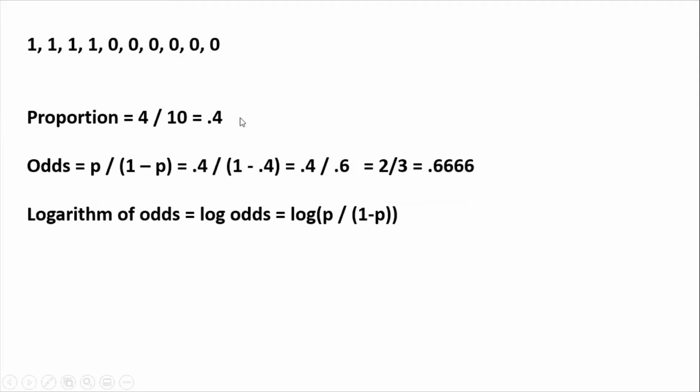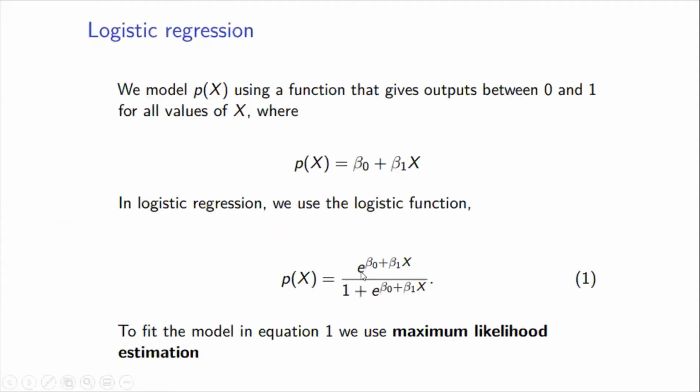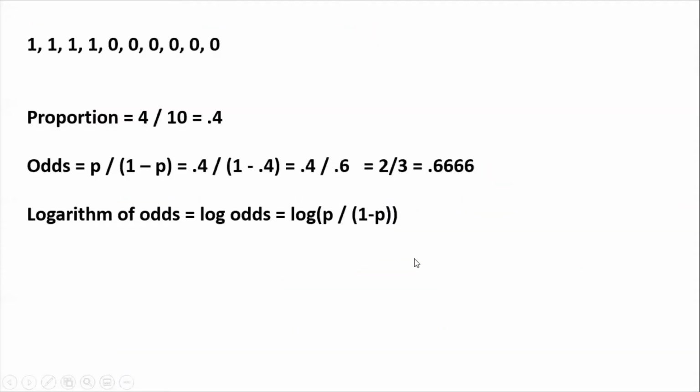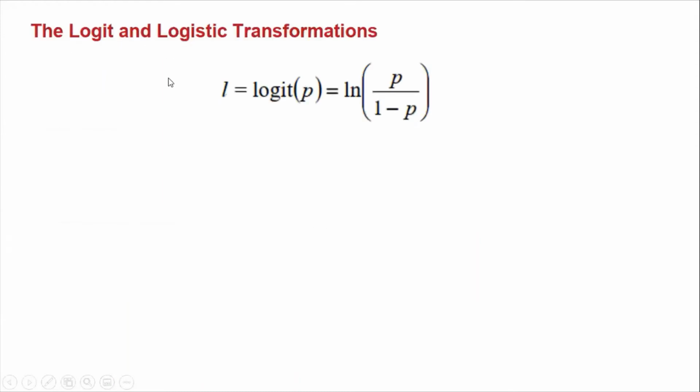Basically what we do in logistic regression is we calculate this and then take the logarithm of the odds. So why odds? If we use odds, we can use the linearity terms.